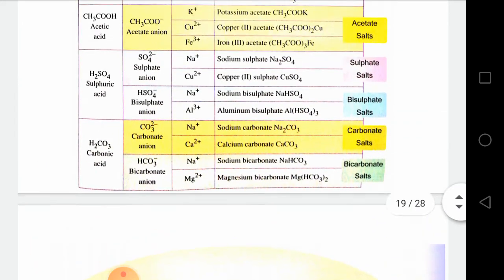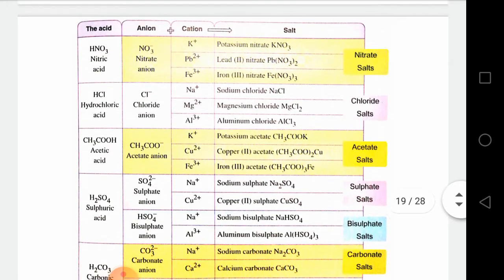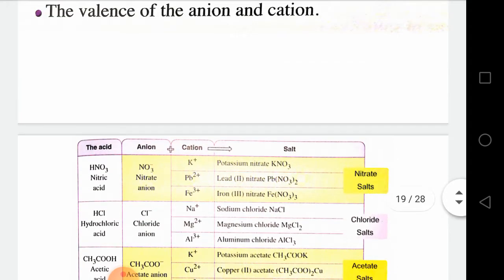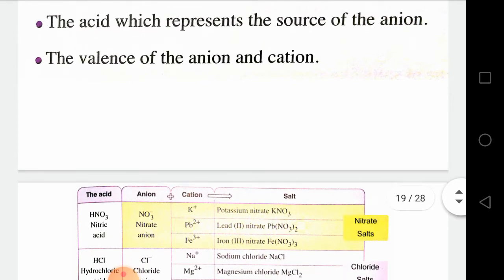Now we will transfer to another important point: how many types of salt can an acid make? Remember that acids may be monobasic, dibasic, or tribasic.